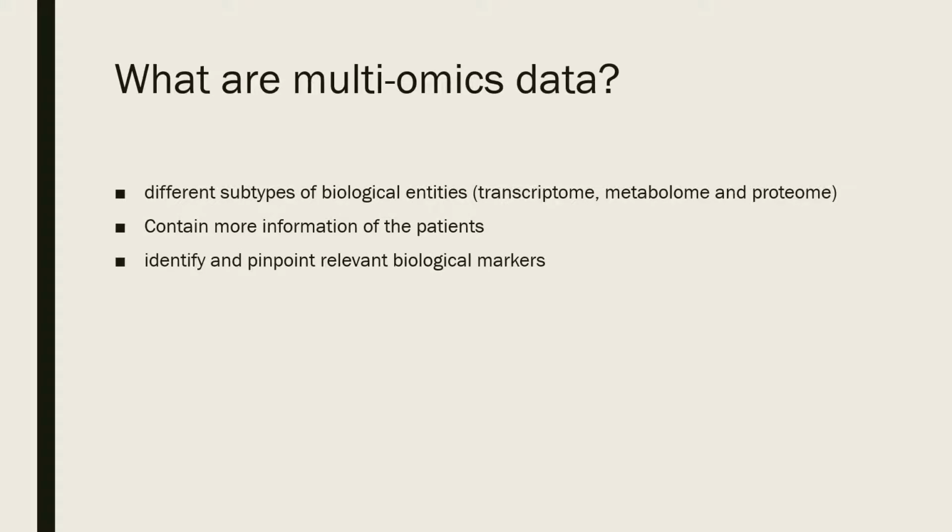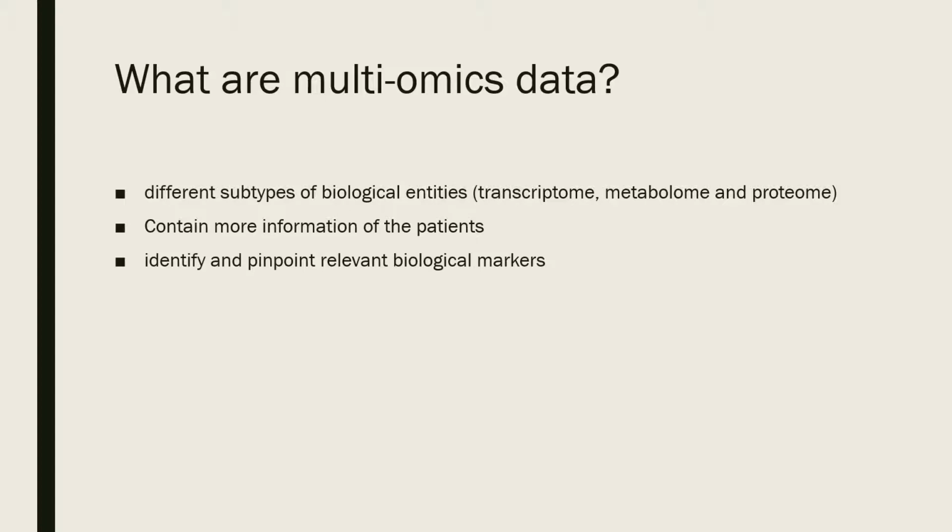The word multi-omics simply means from different subtypes of biological entities, for example, transcriptome, metabolome, and proteome. They contain information of the patients, both individually and combined, because of the possible interactions between different biological entities.